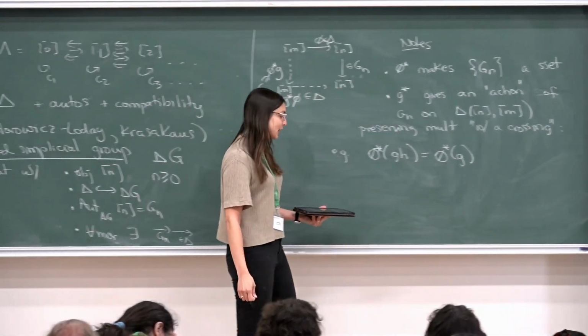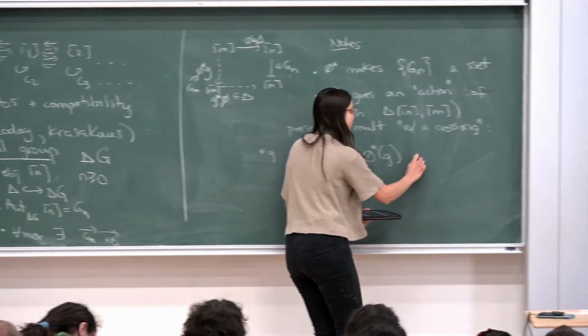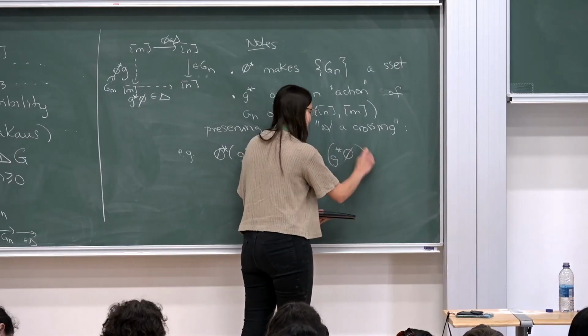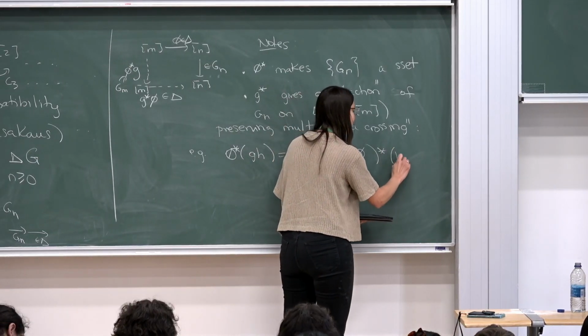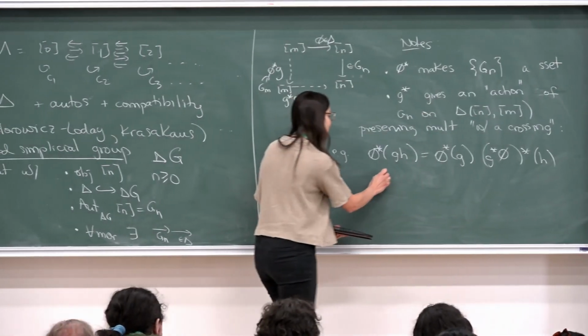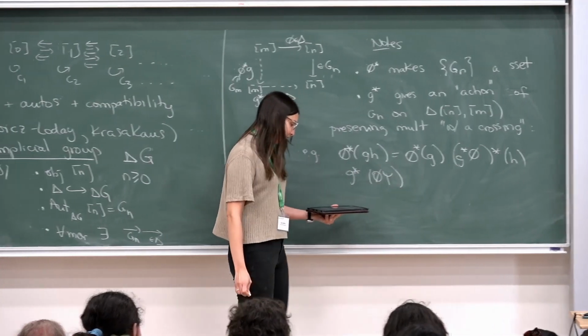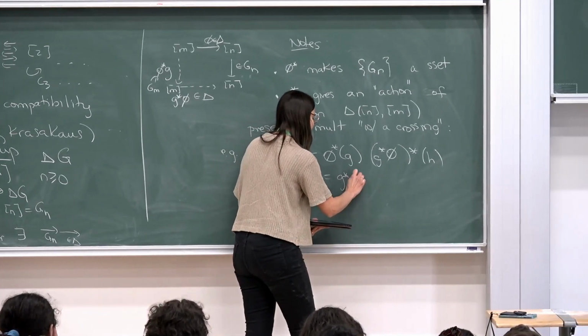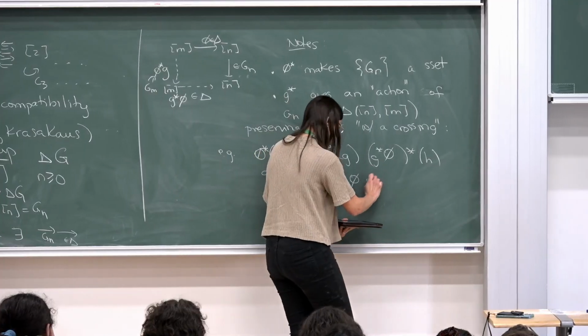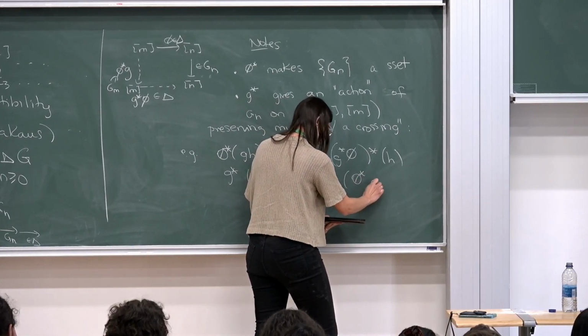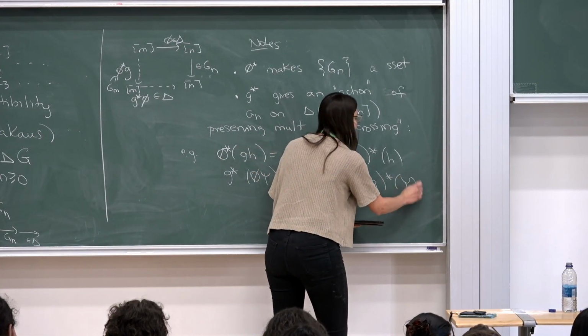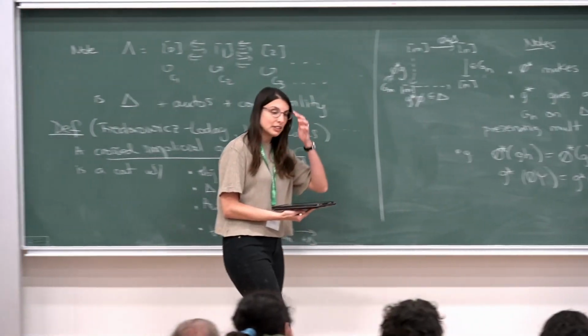So this is going to be phi star G, G star phi star H. And similarly, if I do G star of phi psi, this is going to be G star phi composed with phi star G star psi. So we get these kind of crossings.